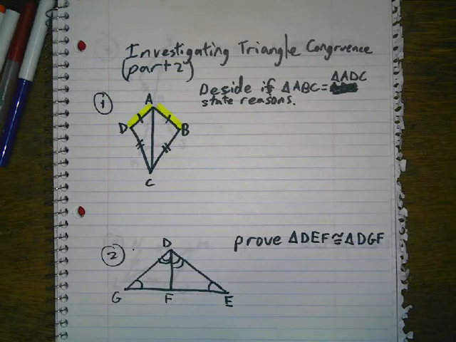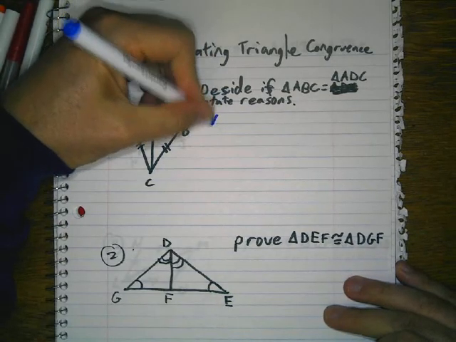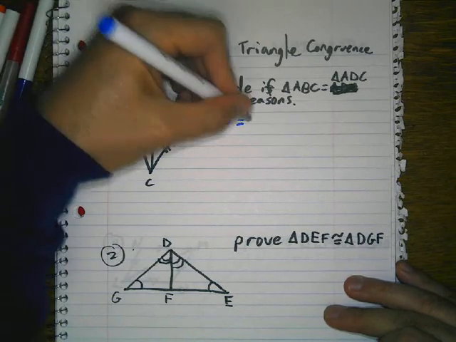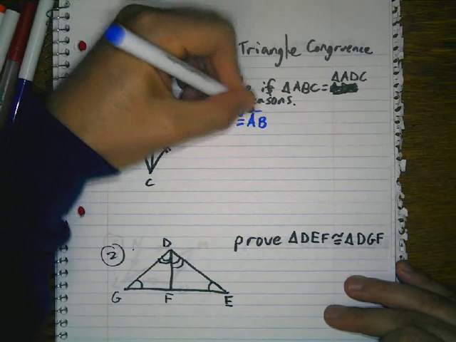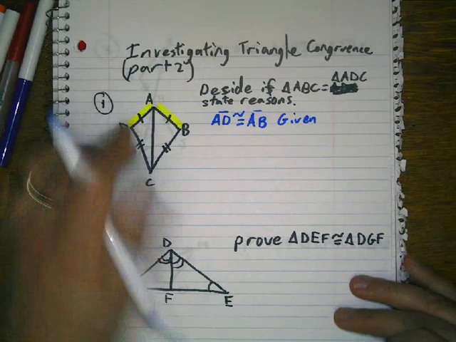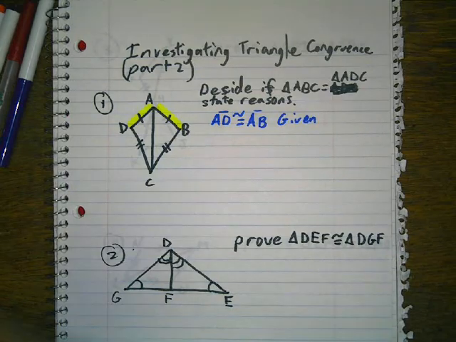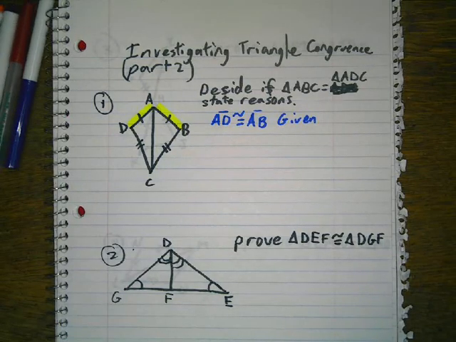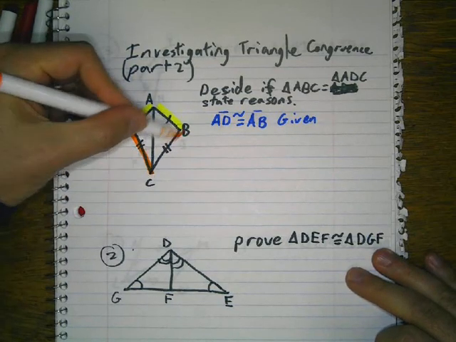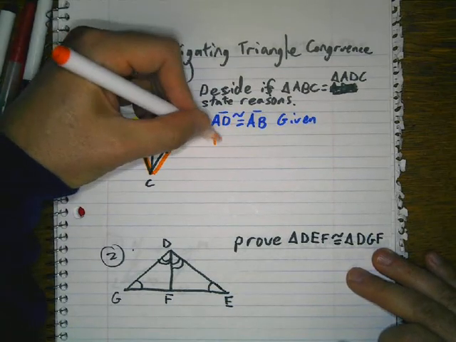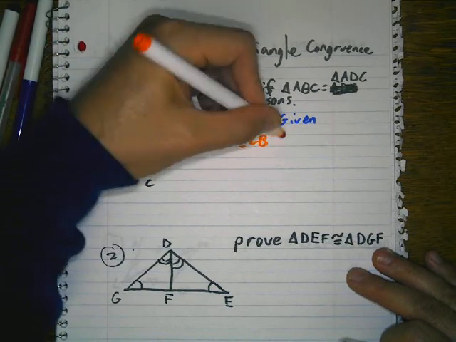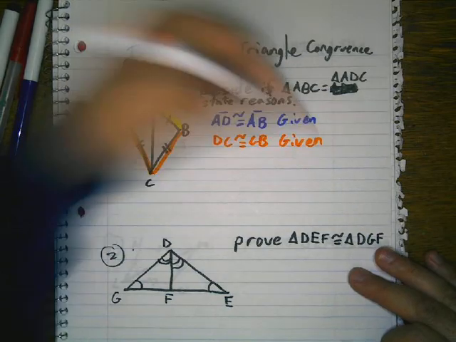So I can say AD is congruent to AB, and the reason is given. The marks mean that it's given. And then I can also say that DC and CB are congruent, and that's given also.